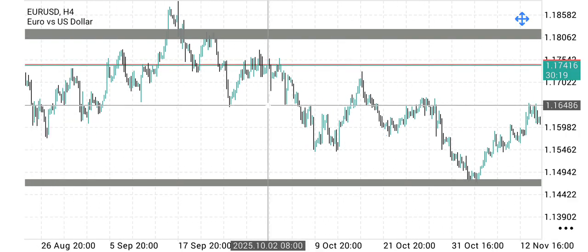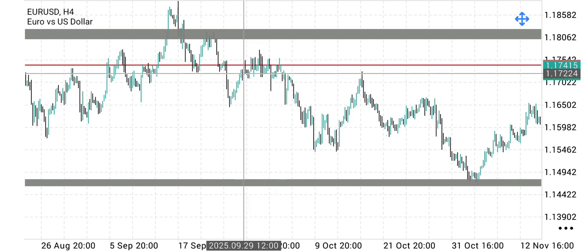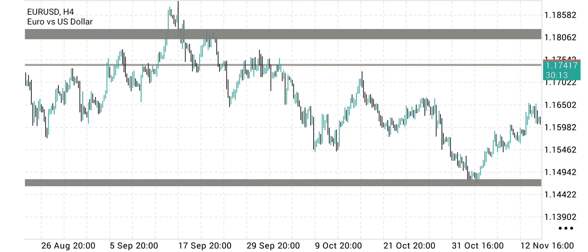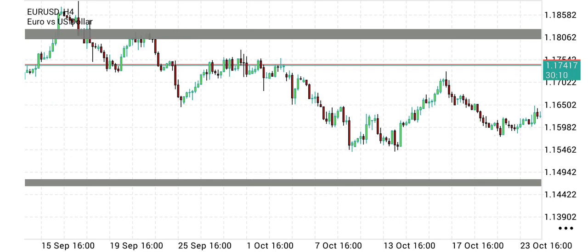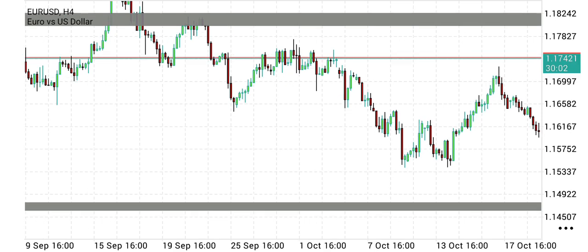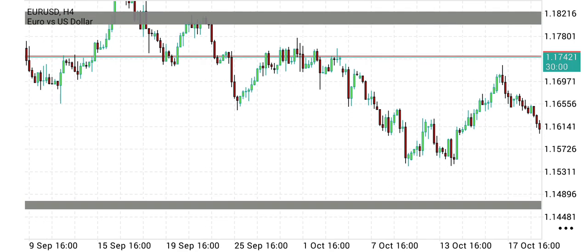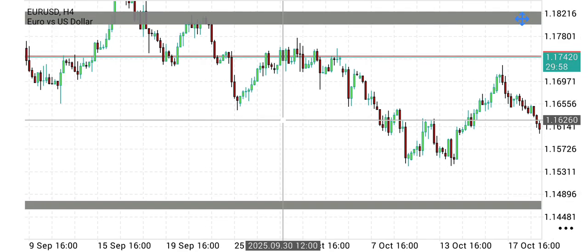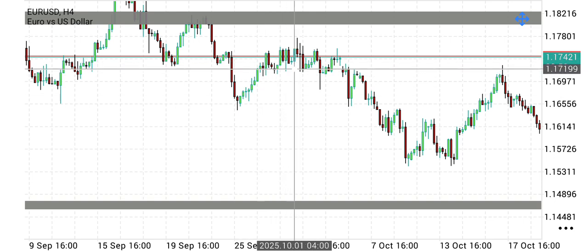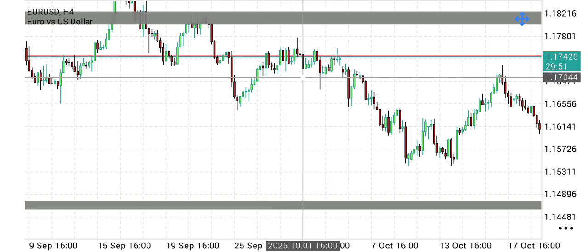Right here we see that the market was consolidating somewhere around here, because you can see that the market was consolidating around October and September, around these areas.